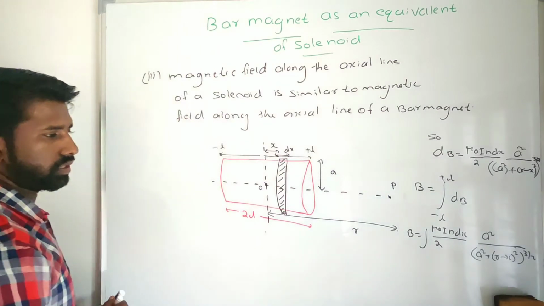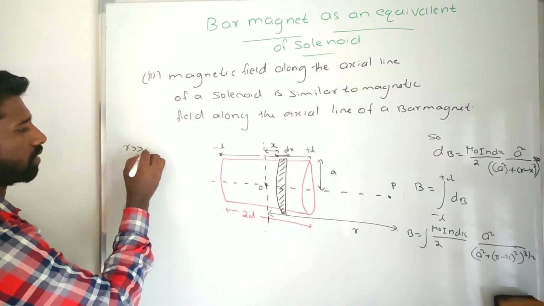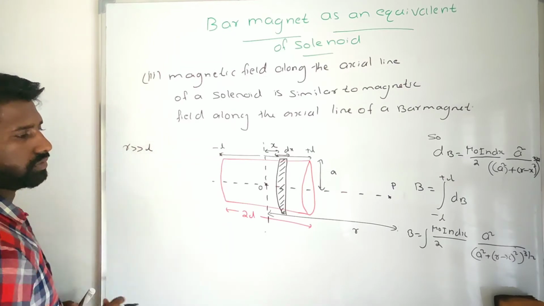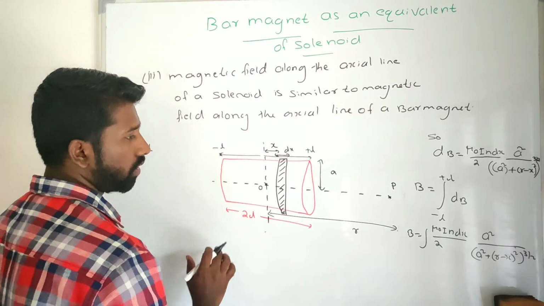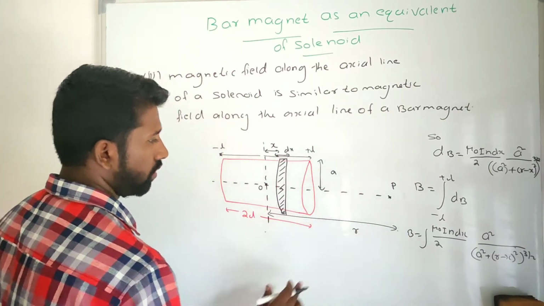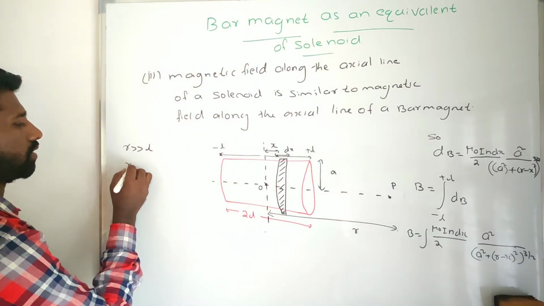Now I am taking a consideration, that is, if r is very much greater than L, where L is half the length of the solenoid, here you see, what about r minus x?